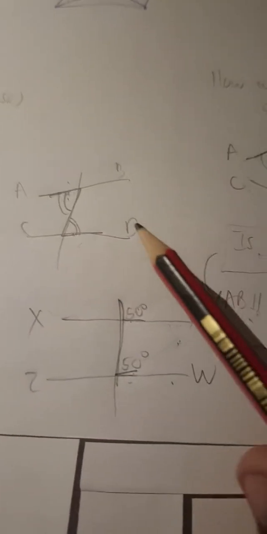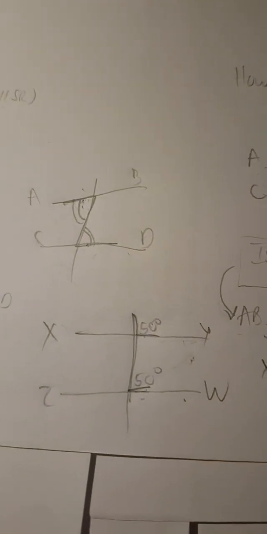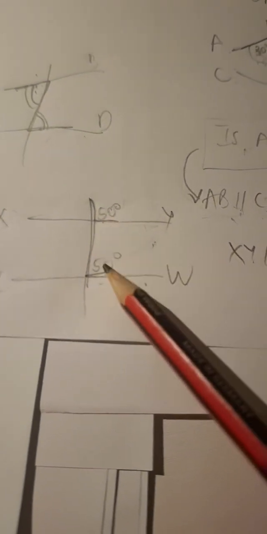Then, next situation. If you can prove as well that the corresponding angles are equal, then you can also prove that XY is parallel to ZW, corresponding angles are equal.